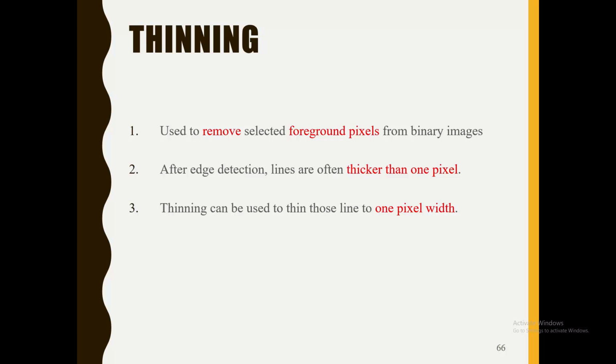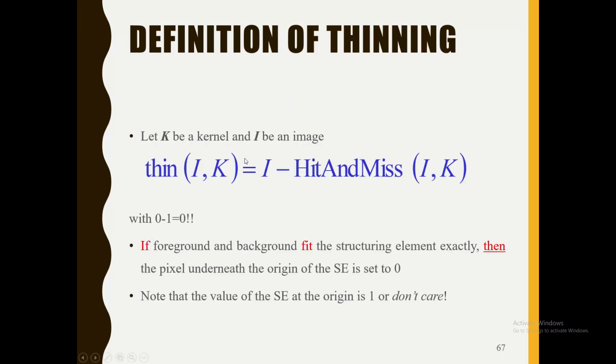If we need only a 1 pixel line, then we can perform a thinning operation. In the thinning operation, we have to subtract the hit or miss of I, comma k, from the original image I, where k is the kernel and I is the image.